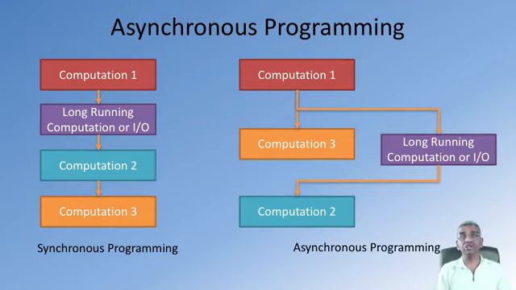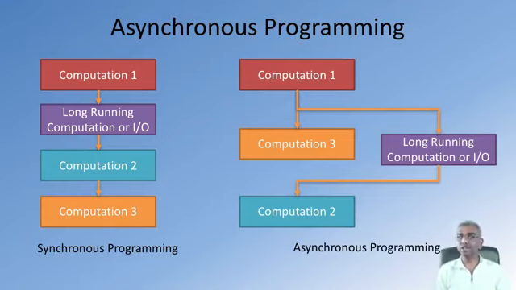So in this case, if we do synchronous execution of this computation, then computation 3 will get stuck even though it is in no way dependent upon the completion of either computation 2 or the long-running computation. So the work to be done by computation 3 will be delayed for no reason of its own, and instead is delayed because of something that precedes it in the sequence of computation.